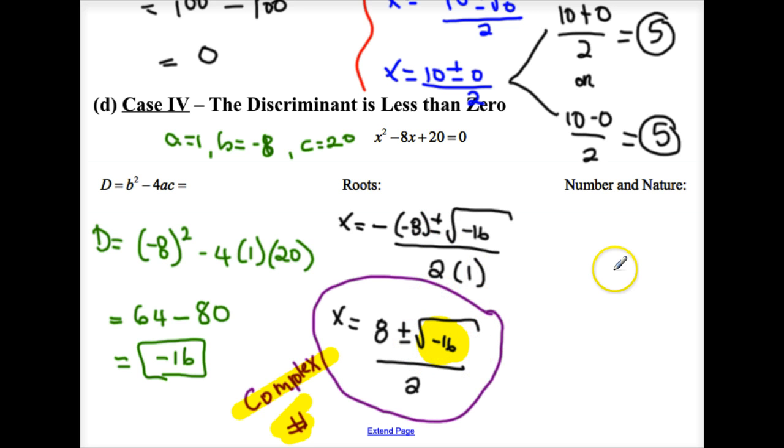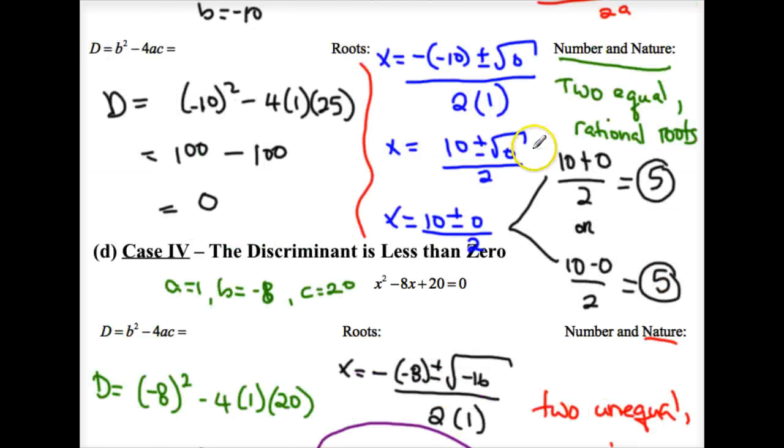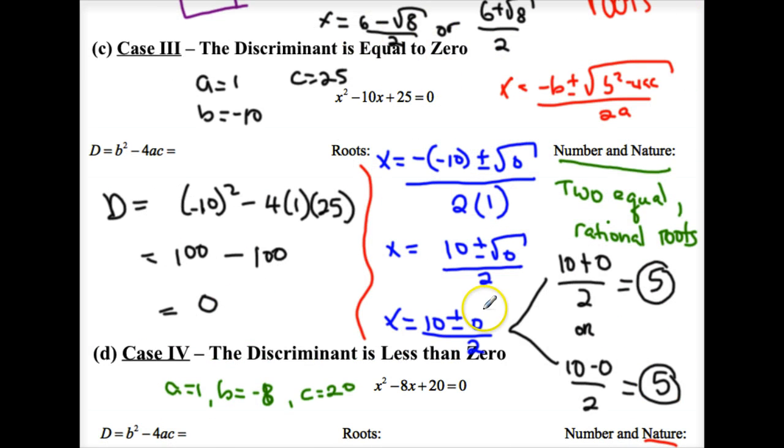That means that automatically you will know that the nature of this will be an imaginary root. Now, are they going to be equal or unequal? When we work this out, it's going to be 2 unequal. Remember, they're only equal in our third case when the discriminant is equal to 0.